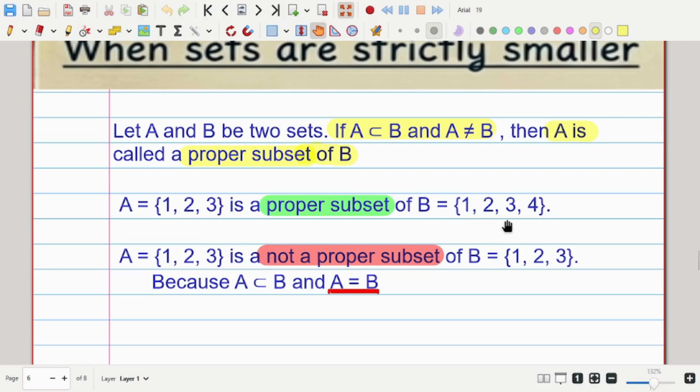Yes, 3 is present. That means all elements of A are present in set B. Therefore, A is a subset of B. Now check the second condition. Is A not equal to B? Yes, A is not equal to B. Therefore, A is a proper subset of B.